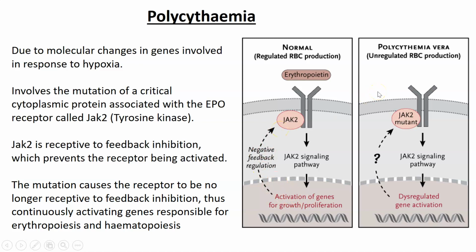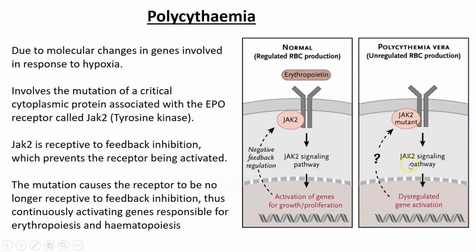With polycythemia, there's this protein called JAK2, and in the normal situation, this JAK2 works normally. It responds to negative feedback, but the mutant form doesn't.